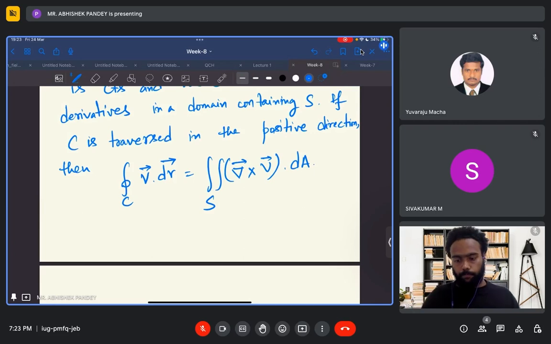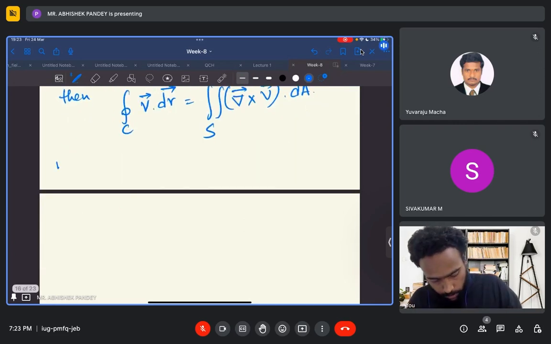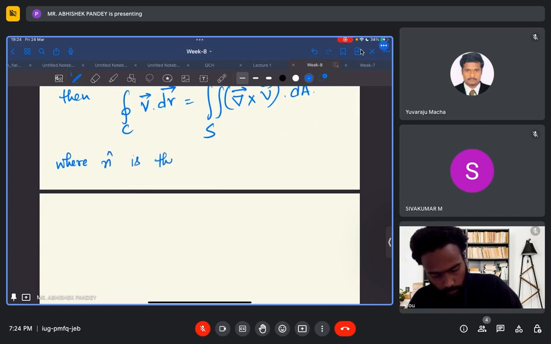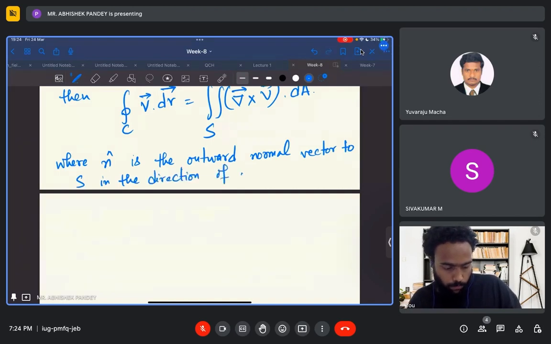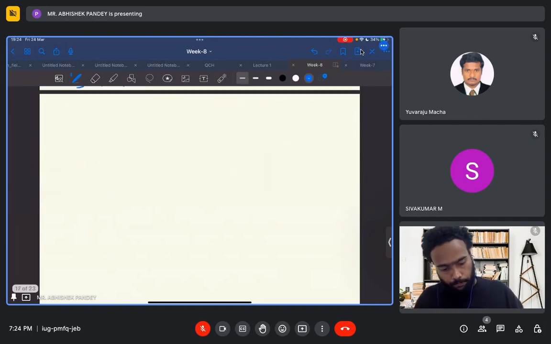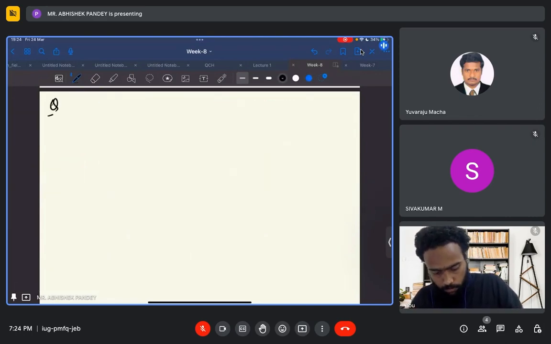Okay, again where n cap is the outward normal vector to S in the direction of orientation of C. Okay, let us see some problems on this one.